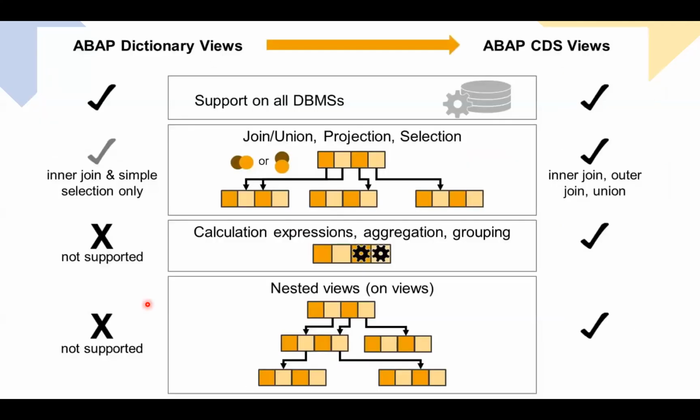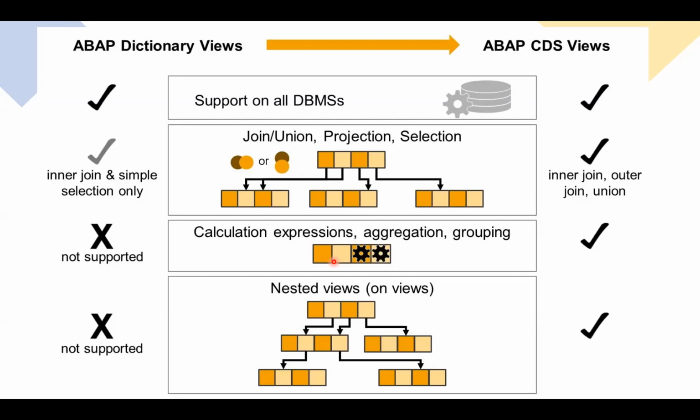Now if you see here, this is another slide where we have the comparison between ABAP dictionary views and ABAP CDS views. In the middle we see the capabilities. What are those capabilities? Inner join and simple selection only on this side. But on this side, inner join, outer join, union, we can perform all of them. Calculations, expressions, which we discussed just now.